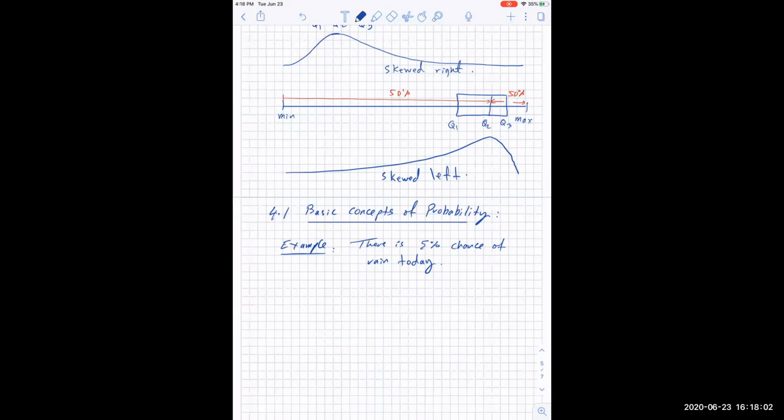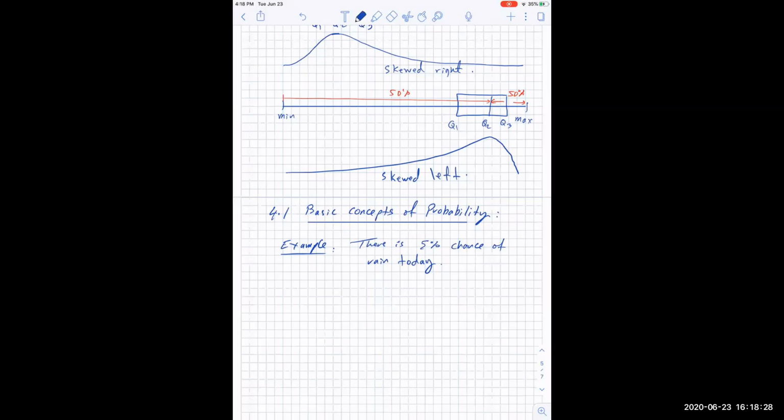This statement, or this 5% here, is considered a probability value. We have an event, and the event is rain today, and that event has a probability value, the probability of it occurring.